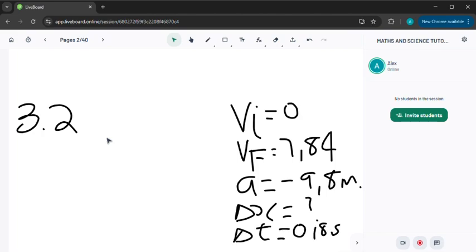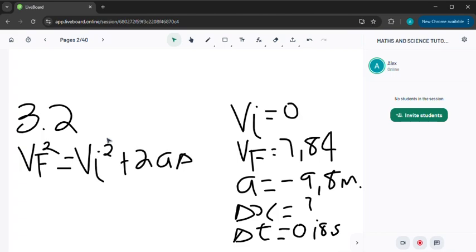Which equation of motion can we use here? Okay, I can use this one. Vf squared is equal to vi squared plus 2a delta y. So why did I write delta x here? This is delta y. We are dealing with vertical motion here.